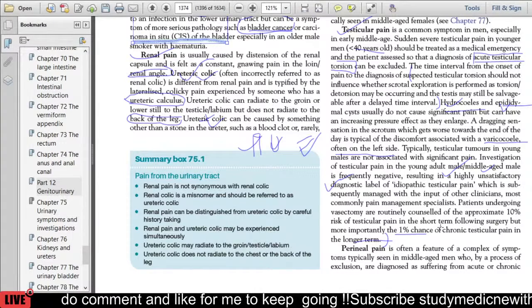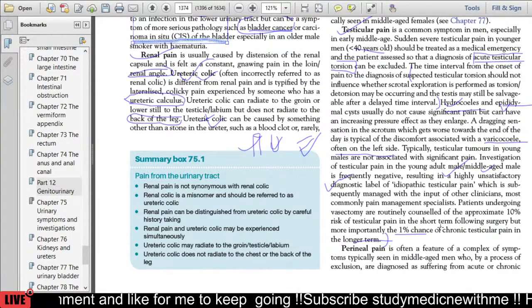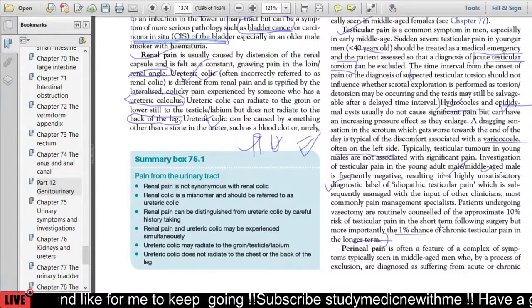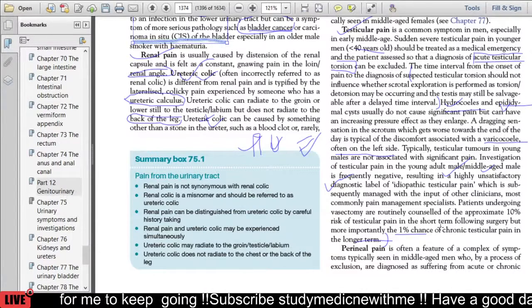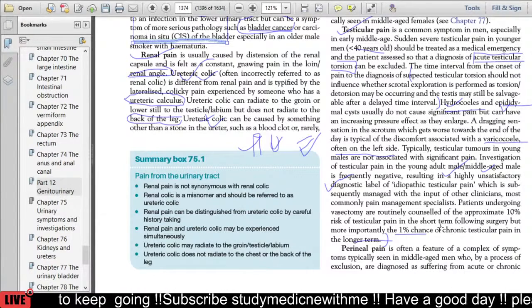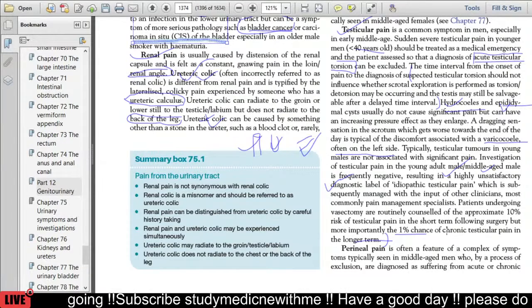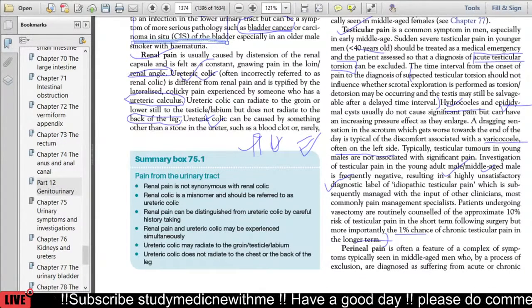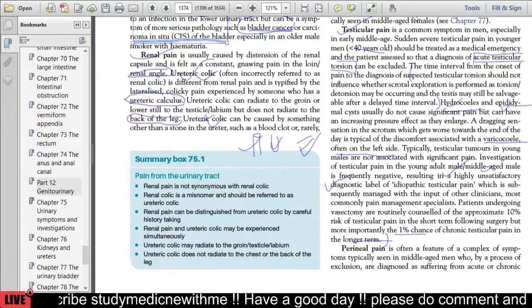So what are the diseases that we talked about that cause testicular pain? Number one was testicular torsion. It is very important to note that below 40 years of age, testicular torsion is an emergency condition.